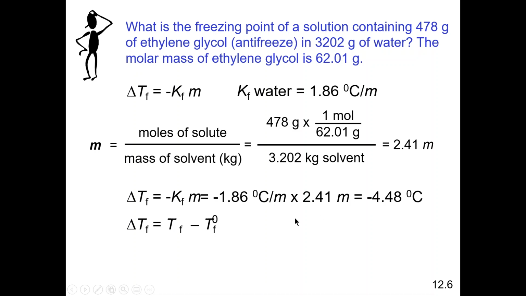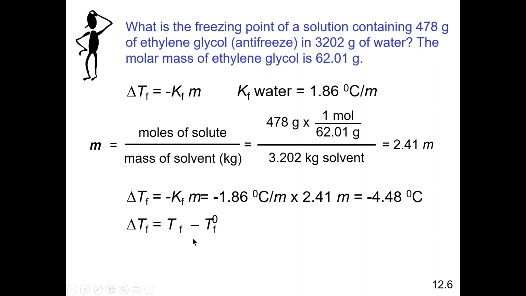So that is delta Tf. Now remember, delta Tf is the difference between the freezing point of the solution and the freezing point of the pure solvent. What the question is asking for is Tf, the freezing point of the solution.